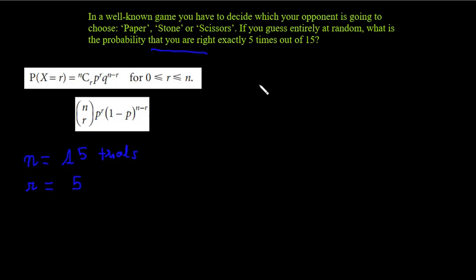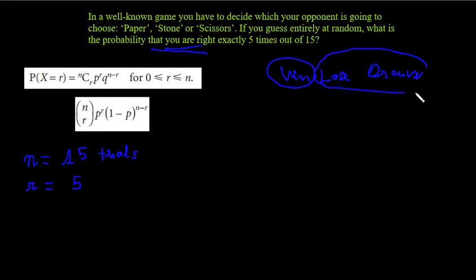Because here they say the probability that you get it right. So when you play a game, there are 3 options you have to face: that you win, you lose, or you have a draw, when 2 people give the same paper or stone or scissors. But here they ask the probability that you are right, meaning that you win, and the other means that you are not right, so you lose or you draw.